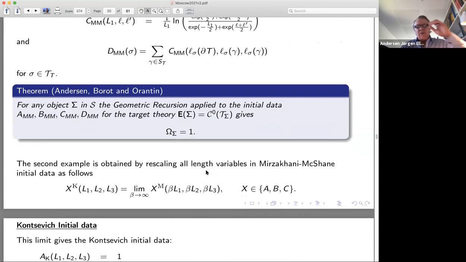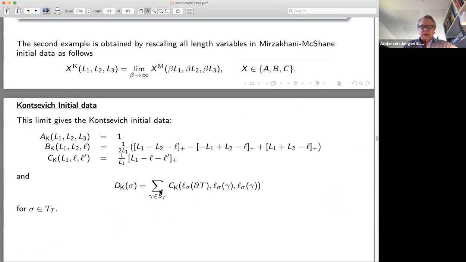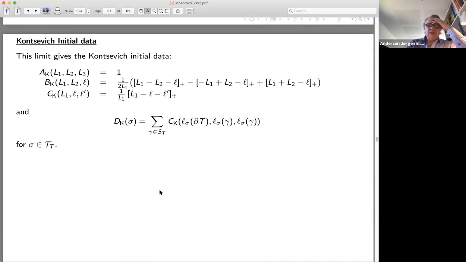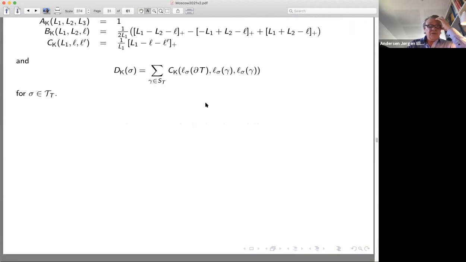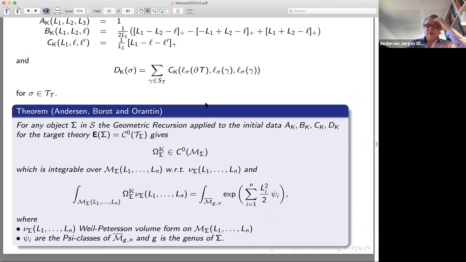There is a way to introduce a scale of this initial data. With some beta, you multiply the lengths by beta and look at the limit as beta goes to infinity. If you do this to Mirzakhani's initial data, you get what we call Kontsevich's initial data, which is something very simple, functions which you see right here. But when you apply our geometric recursion to them, it gives a very interesting result.